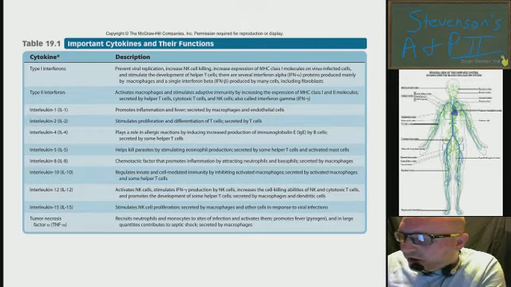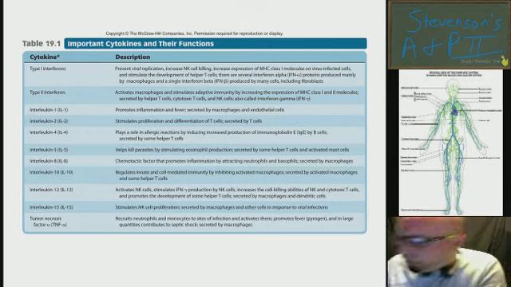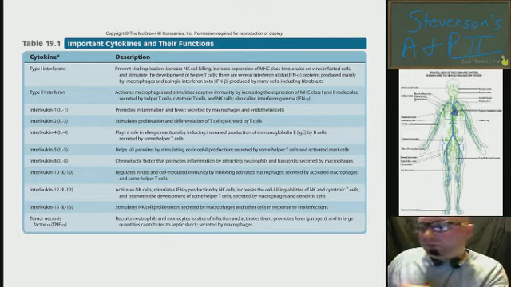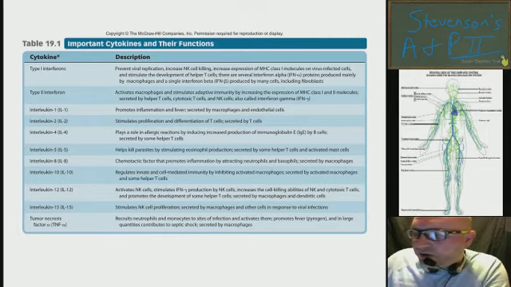It also promotes fever, or pyrogen to come in, and that pyrogen response creates an increase in temperature, will kill off some of your invaded cells, and in large quantities contributes to septic shock, and it can be secreted by macrophages. Tumor necrosis factor, okay?